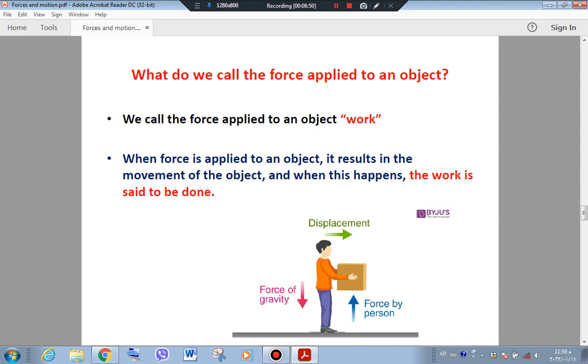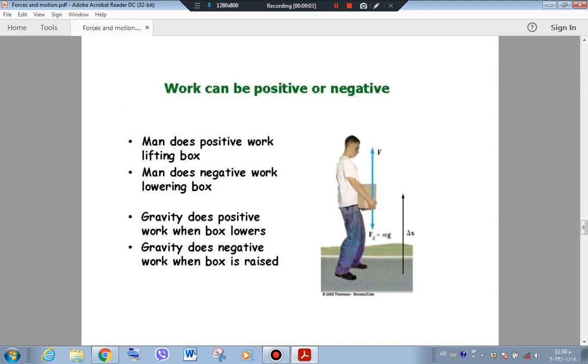Okay, so here we say that work is said to be done. There is work that has been done. By whom? By the man. What he did, he moved the box to another place. We have different types of work. We have positive and we have negative. As you can see in this picture, man does positive work lifting the box.